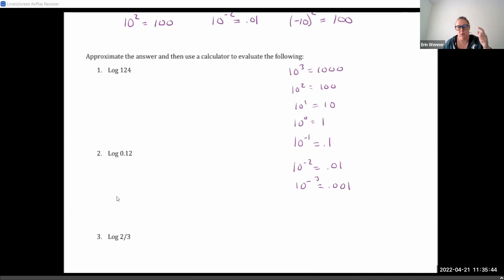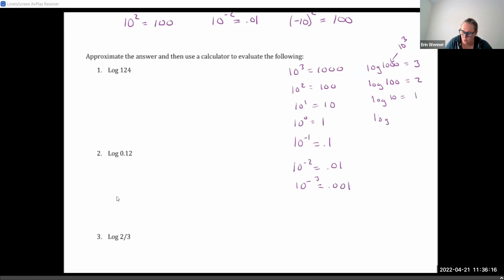Now remember, with logs we're asking ourselves, it's undoing this. It's saying, to what power do I need to raise 10 to get a value? So if I did log of 1,000, the answer would be 3 because 1,000 is equal to 10 to the third. Log of 100 would be 2 because 10 to the second is 100. Log of 10 is equal to 1 because 10 to the first is 10.